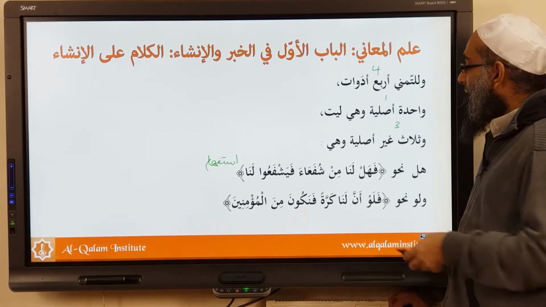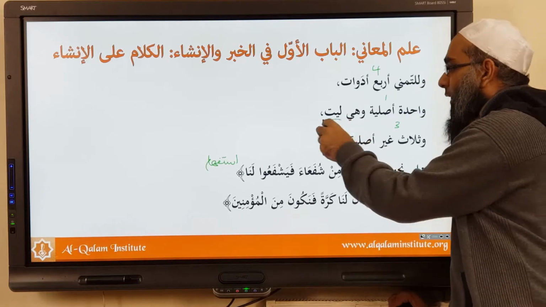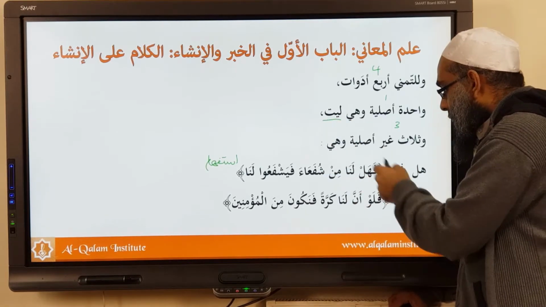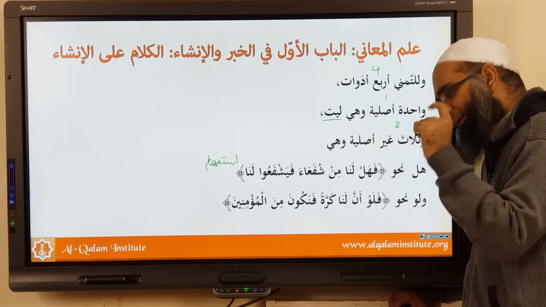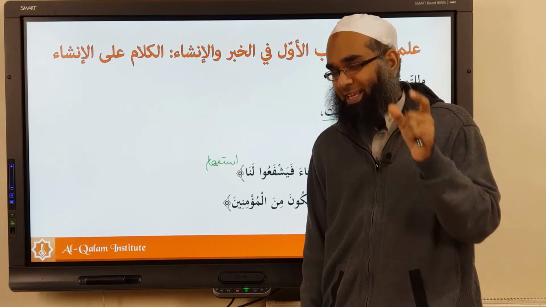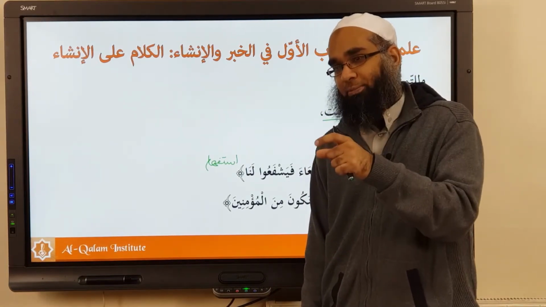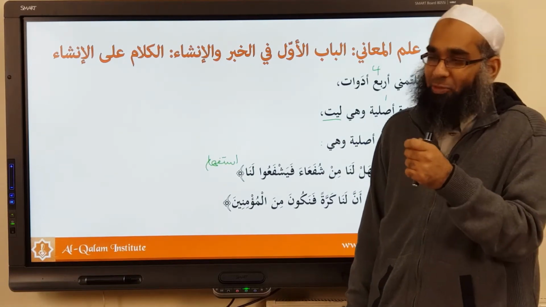But the question arises here: if layta is the original particle, why do we need to change from layta and use hal and law, and la'alla coming later on? Emphasis, but let me explain that in more detail. When you are so desperate, even though you know it's impossible, you express it as a possibility to show your utmost desire that this thing happen.